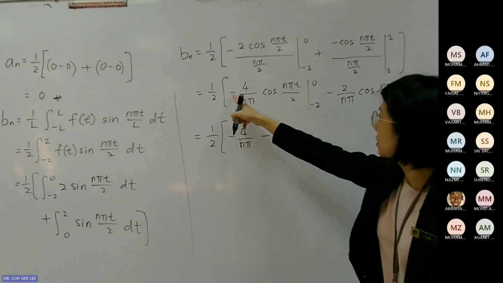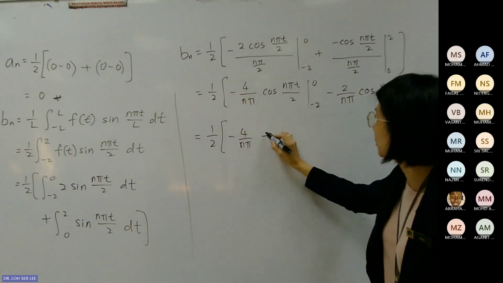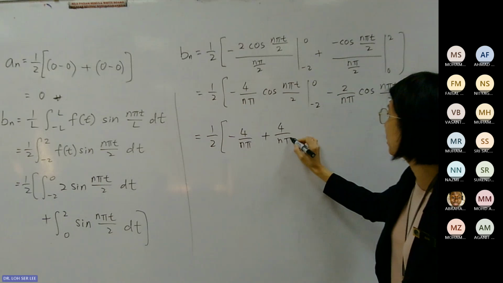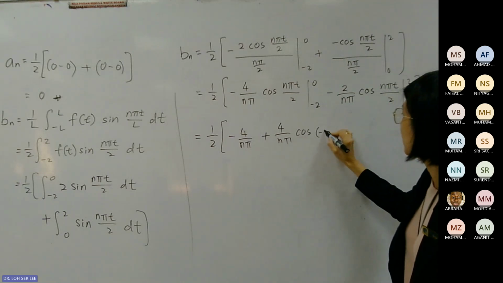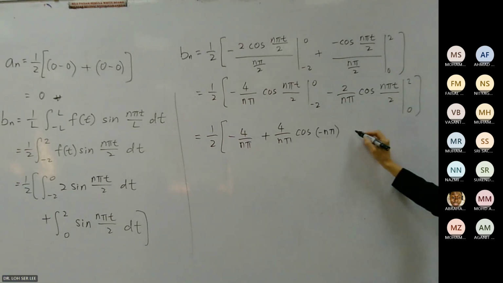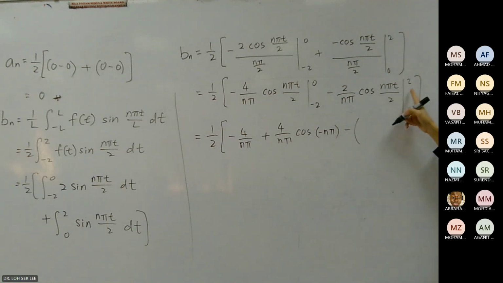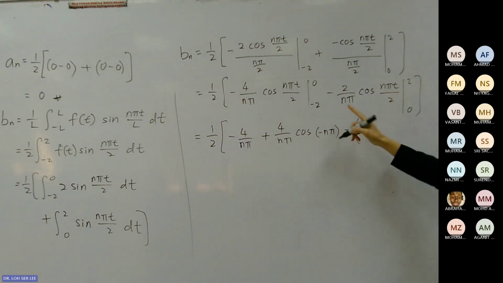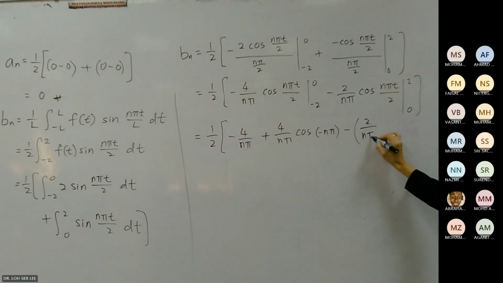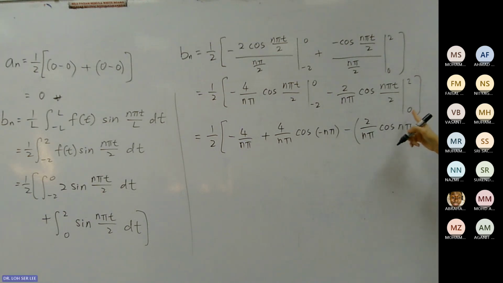Okay, so minus, we have plus 4 over n pi, cos negative n pi. Okay, minus 2 into this t, cancel out the 2, you have cos n pi. Then 0 into this t, you have cos 0, which is 1. Okay, 1.